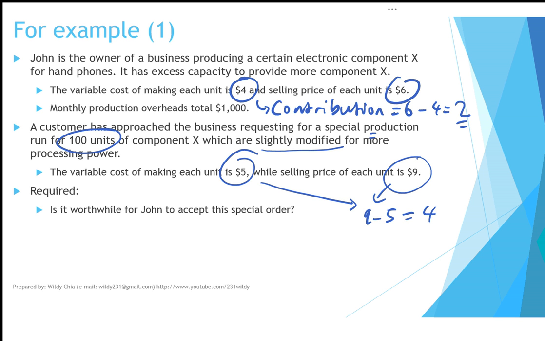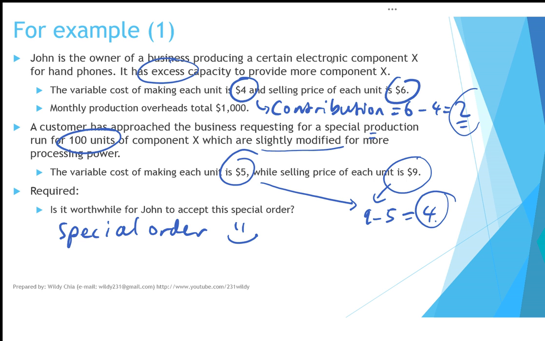Now obviously when you look at this, what does it tell you? It tells you that the special order is definitely worth taking up because the business has excess capacity, and the contribution is higher than the regular orders. So why not?